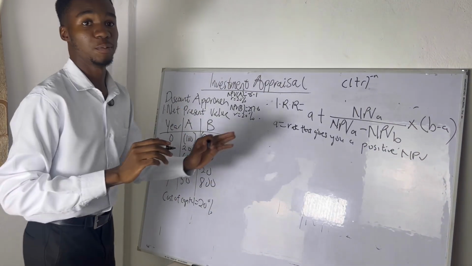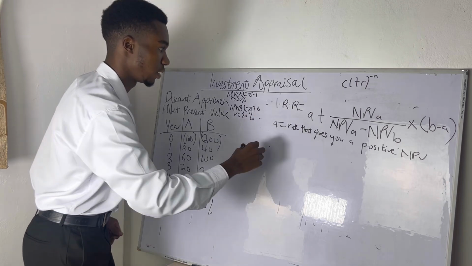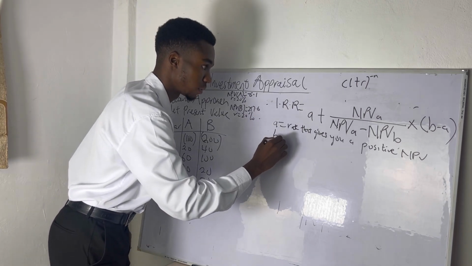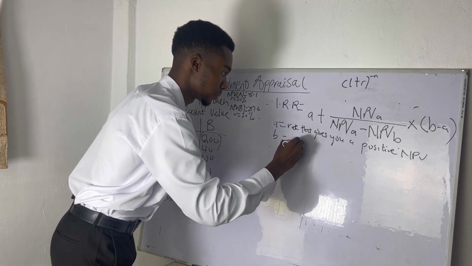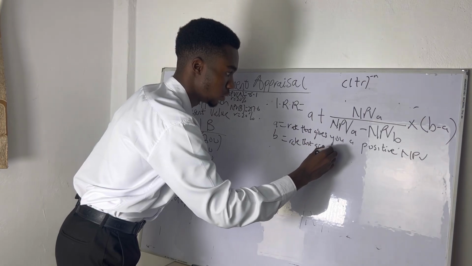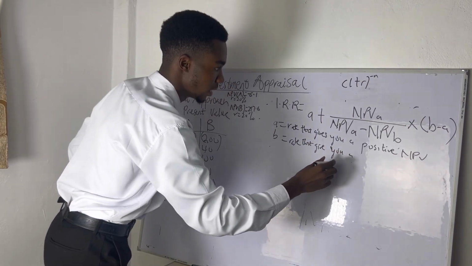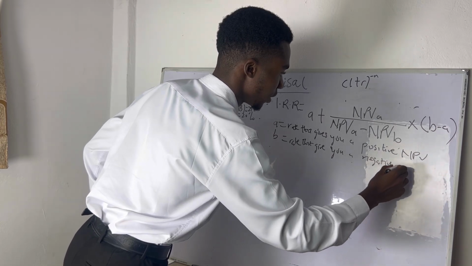Then the B you see here is the rate that gives you a negative NPV.